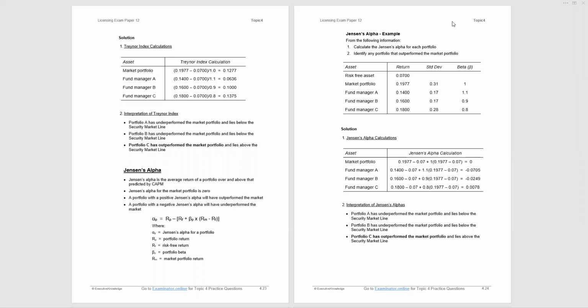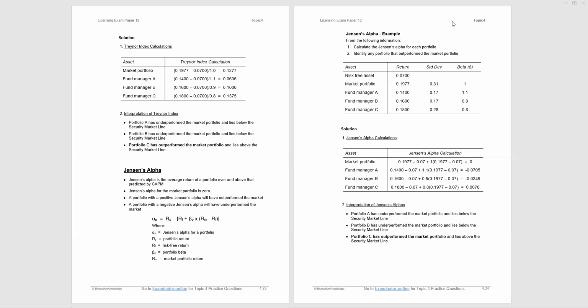So the capital asset pricing model suggests or predicts the return that you should get for the systematic risk of the portfolio and the other items in the capital asset pricing model, the market return and the beta of the portfolio. Now, a portfolio with a positive Jensen's alpha will have outperformed the market.